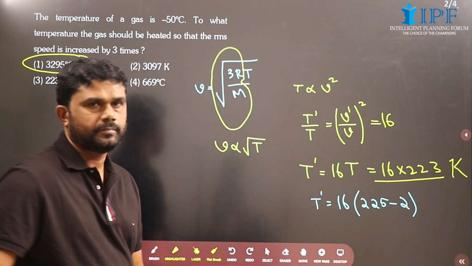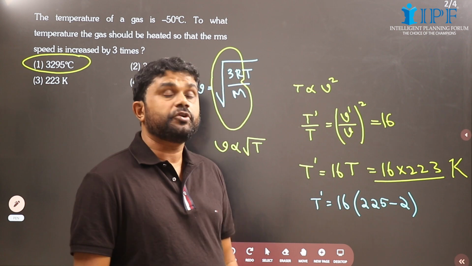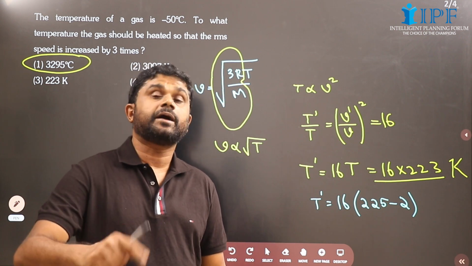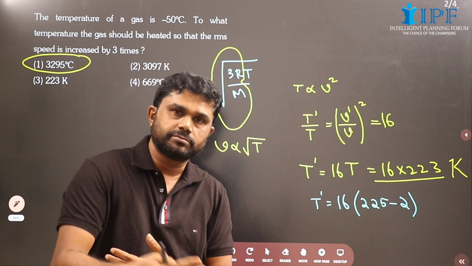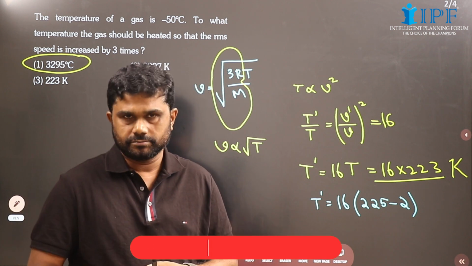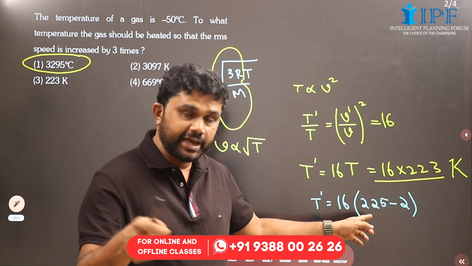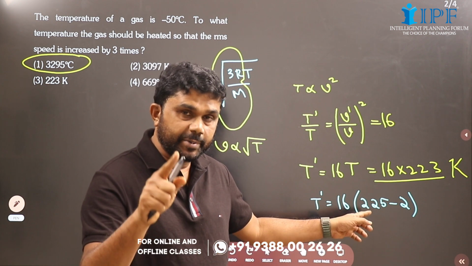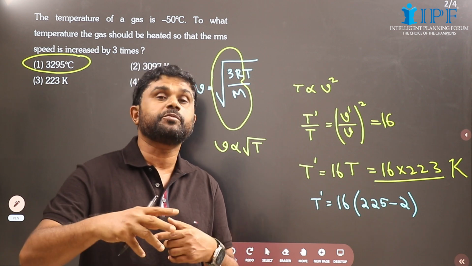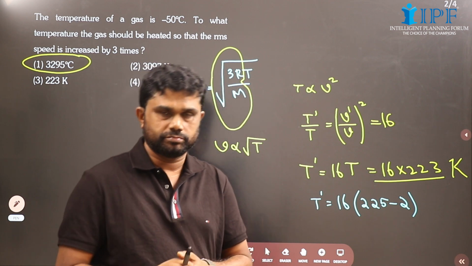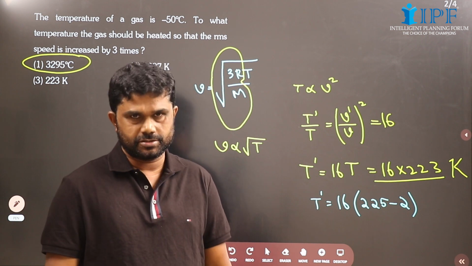You have to find 225 into 16. Double 225, it becomes 450. Again double, it becomes 900. So doubling and doubling means you have multiplied by 4. Now multiply it with another 4: 900 into 4 becomes 3600.